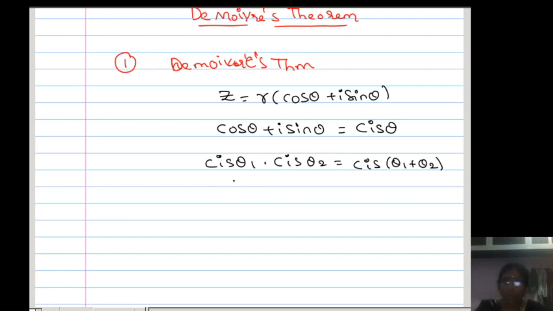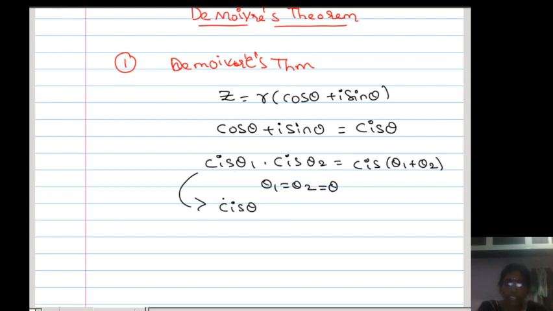Now suppose in this case you write theta 1 equal to theta 2, what happens here? Cis theta 1 into cis theta 2, with both thetas the same, gives cis theta into cis theta.